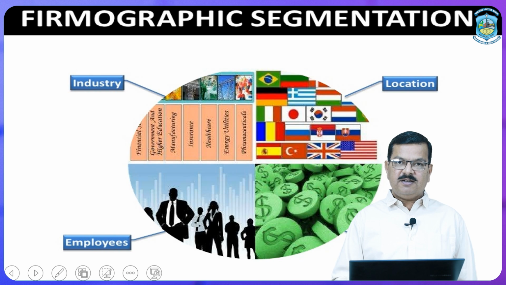That is, the market is heterogeneous in nature and marketers are not able to serve this highly heterogeneous market, and therefore we need to ensure homogeneity, and that is possible with the help of proper segmentation of the market, which can be done with the help of all the bases which we have just discussed. So with this, I hope you have understood the concept of market segmentation.